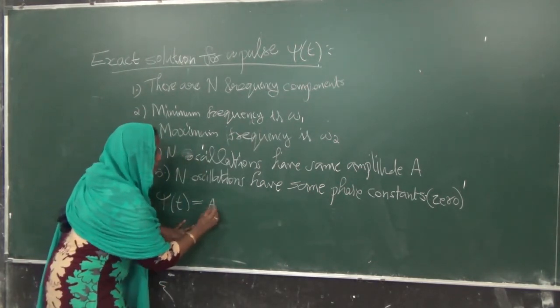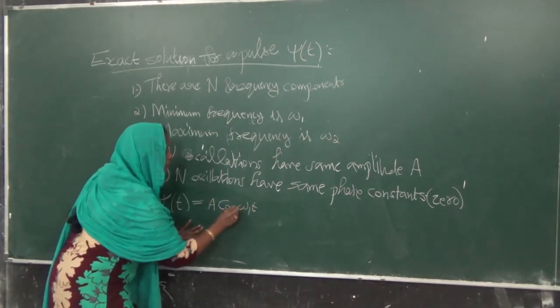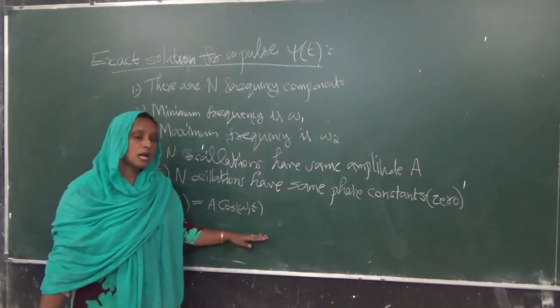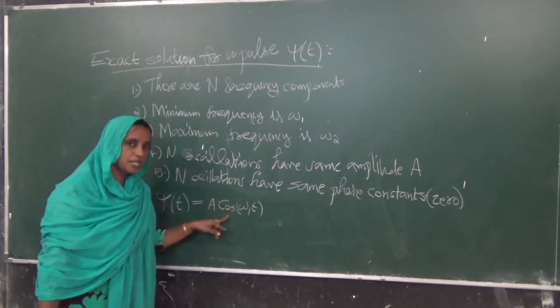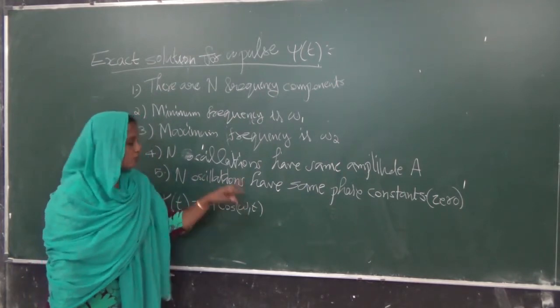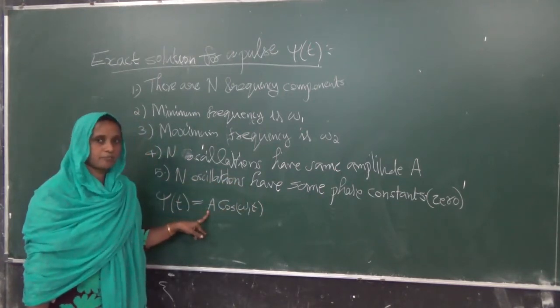So you can write this as A cos omega 1 t, because here we discussed harmonic oscillations. So here is the harmonic oscillation with the lowest frequency omega 1, phase constant 0 and amplitude A.